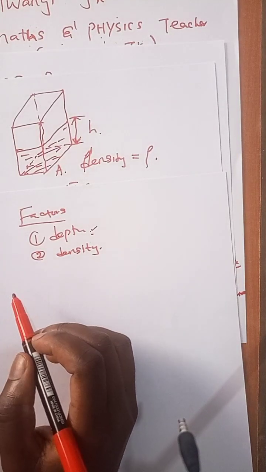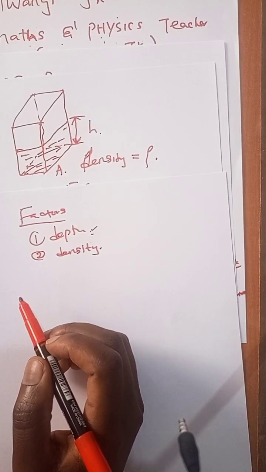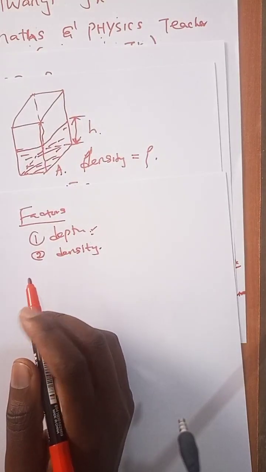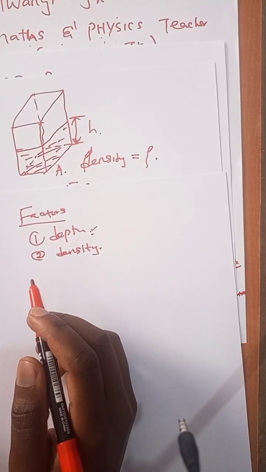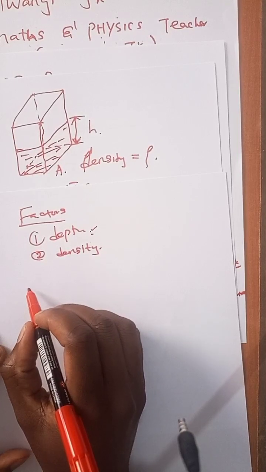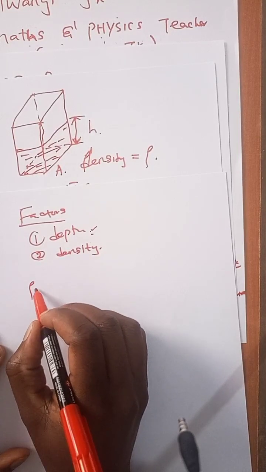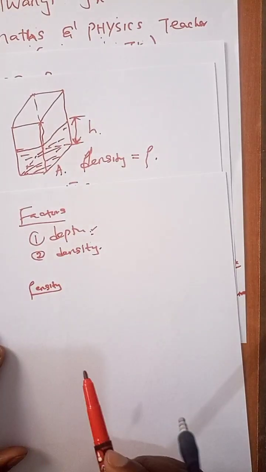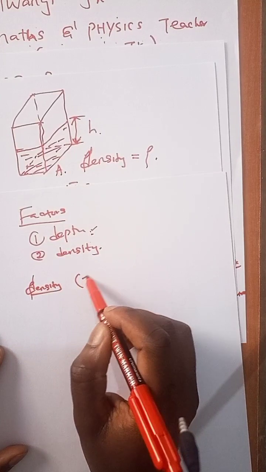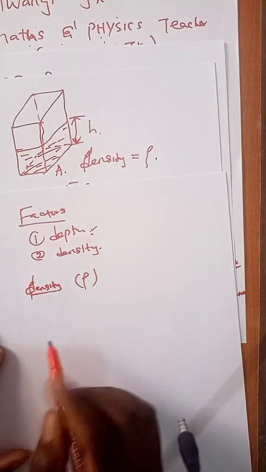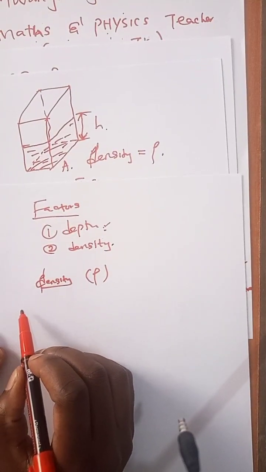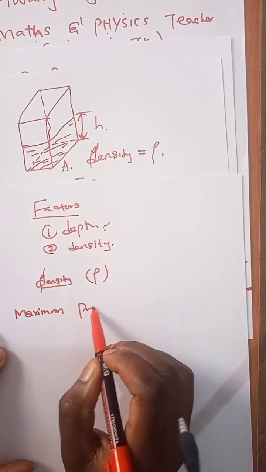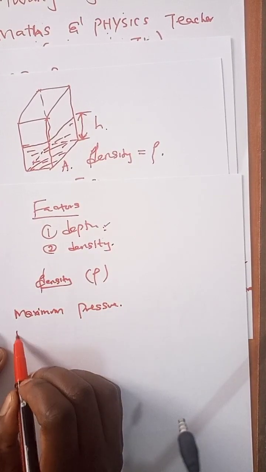So when we calculate pressure, we talk about density, whose symbol is rho. At times we will talk about maximum pressure, then we have minimum.